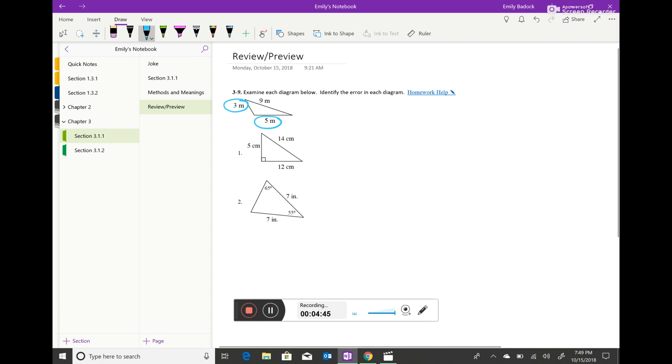It cannot be equal to 5 and 3 added together either. Remember, it would create a straight line. So for this one, the error is going to be triangle inequality, because 3 plus 5, which equals 8, is less than 9, which we cannot have. Big no-no.